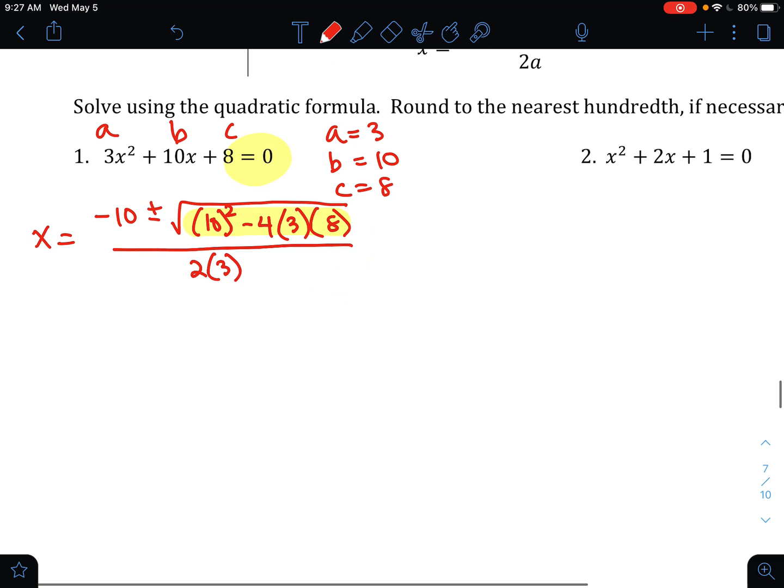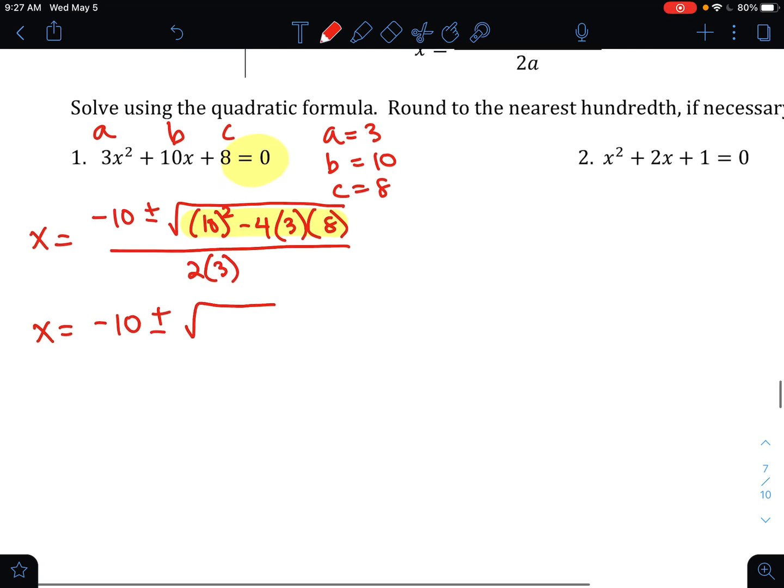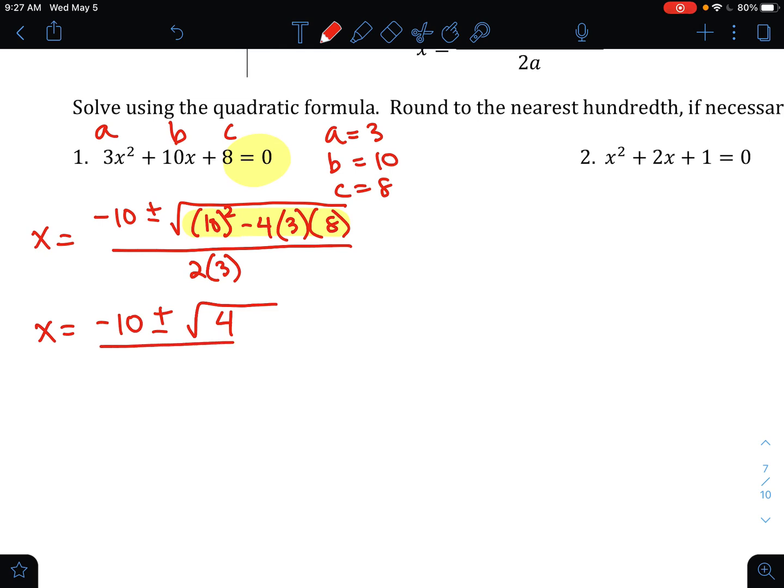Okay, let's simplify. My next step is x equals negative 10 plus or minus. Now grab your calculator and calculate what I have highlighted. 10 squared minus 4 times 3 times 8. I just type it in one line on my calculator. All of that evaluates to 4.